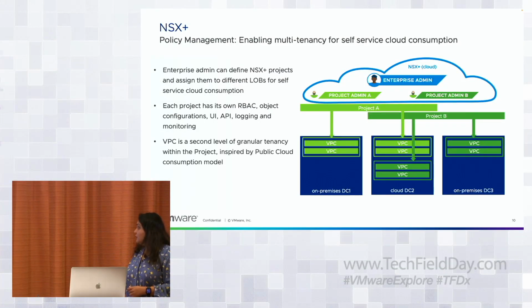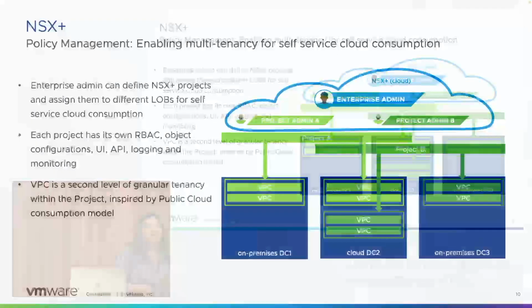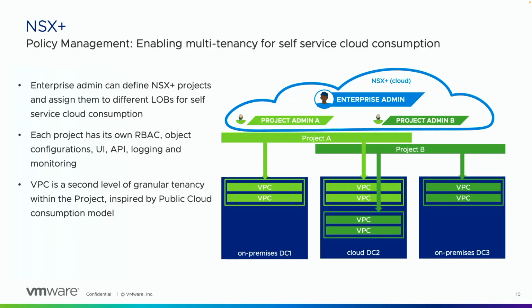Now, let us introduce the second level of granular tenancy within the project. Like I was mentioning, we want to expose very, very simplified constructs which are inspired by the public cloud consumption model. So your end consumer does not need to learn what a tier 0 is, what a tier 1 is, and the different NSX terminology.